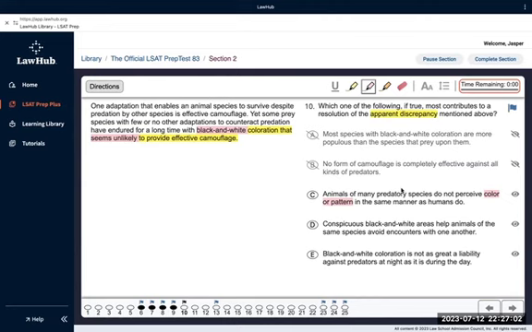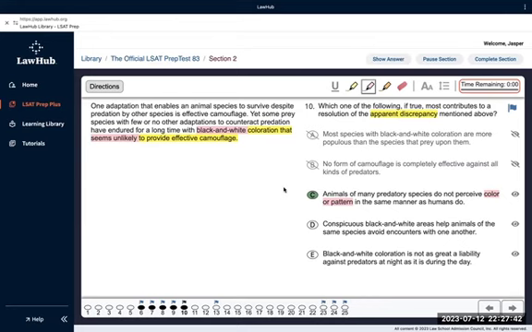Maybe those predators don't have color vision, right? They only see in black and white anyways. So it's not like the black and white stripes of a zebra, let's say, stand out against the yellows and browns of a field or the plains, right? Yeah, if everything's black and white, then that might be good camouflage.